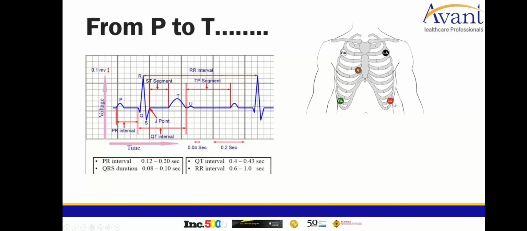If I were to move the positive lead over to this side, then I would put my camera here and I would be looking at the heart this way. So instead of the impulses coming towards the camera, it's going perpendicular to the camera. If I put the camera up here on this left arm, I'm looking at the impulse perpendicular.